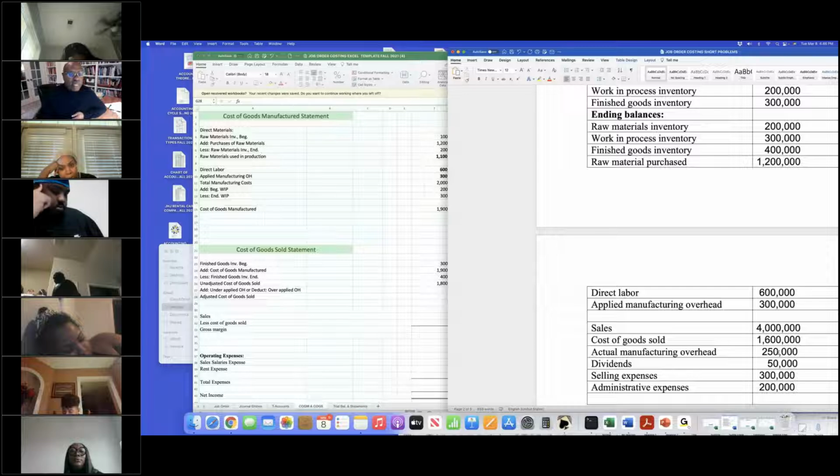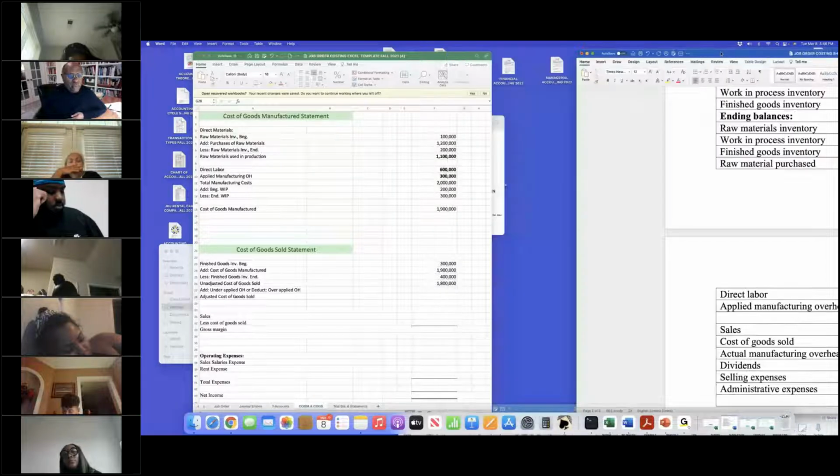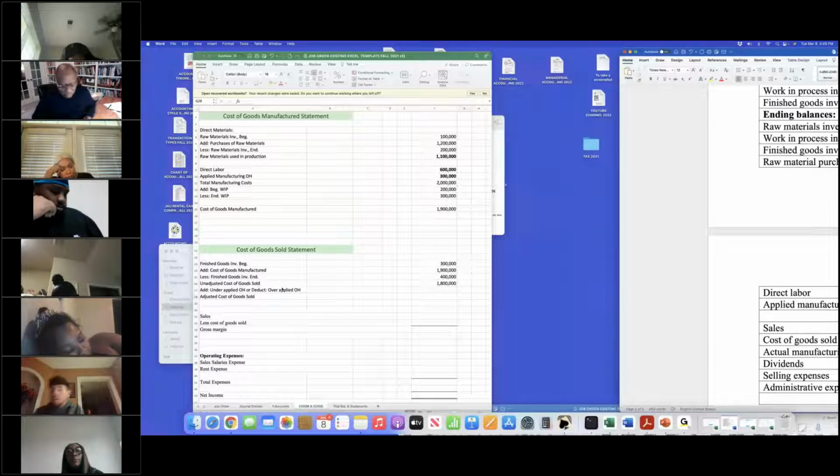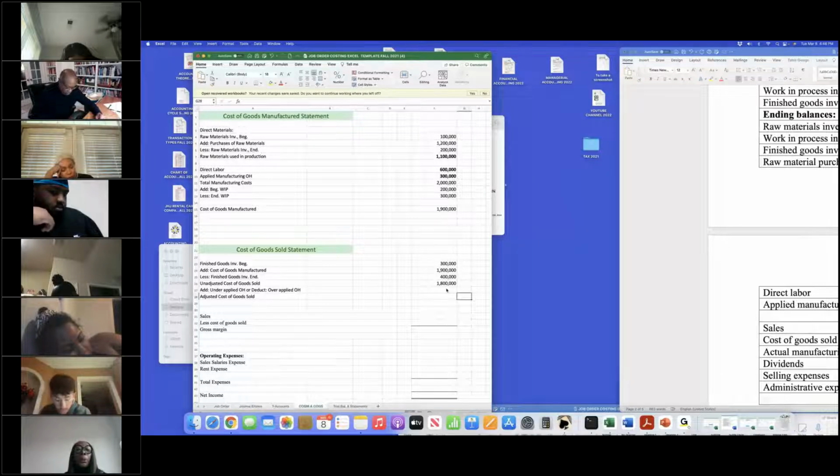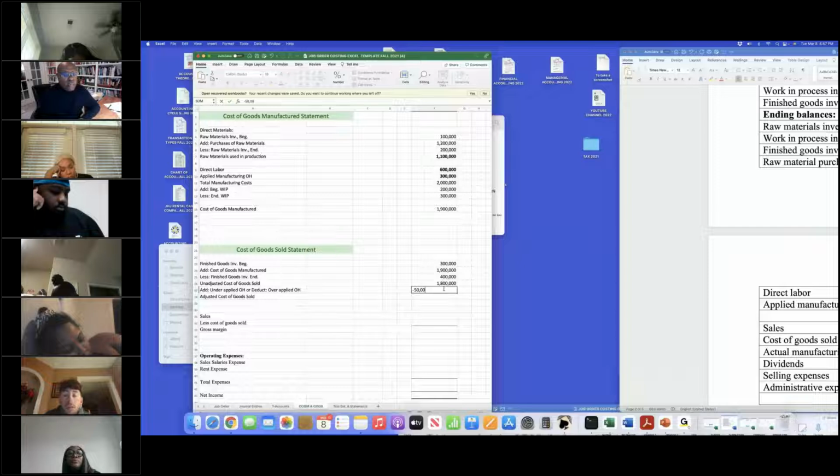So this 300,000 line is too much. So when we hit the cost of goods sold, we're going to deduct that overapplied amount. So we're going to put a minus 50,000 in here. And so the adjusted cost of goods sold is going to be 1,750,000.